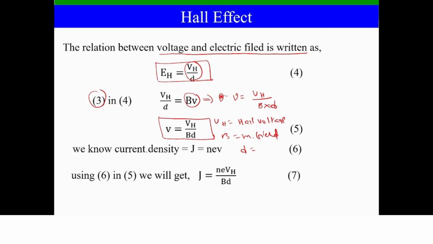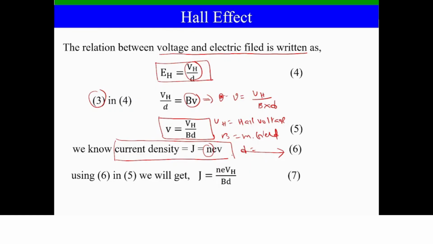Okay. Now already we know the general equation for the current density, J is equal to NEV. Let us consider it as equation number 6. J is the current density, N is the number of charge carriers, E is the charge of the charge carrier, V is the velocity.